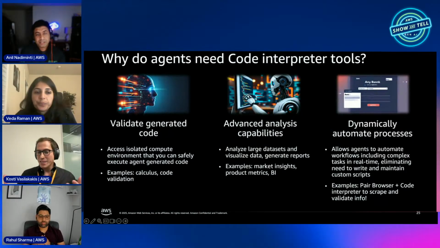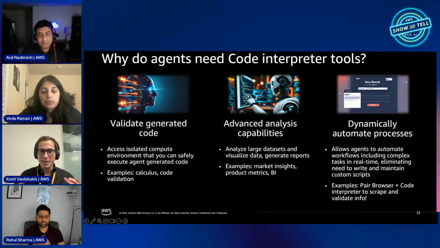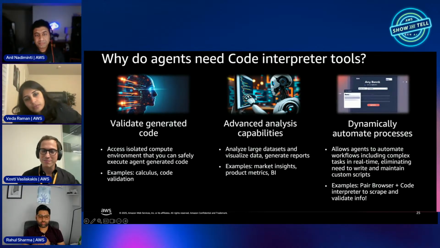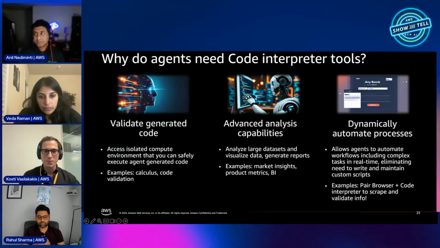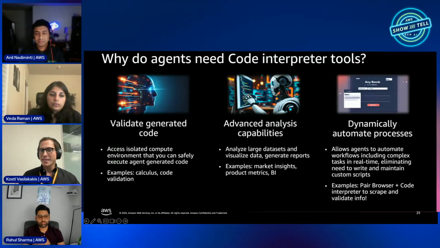Think of an agent, and one of the most popular use cases after, of course, the customer support agents, which was the first use case everybody was speaking about. Now agents generate all kinds of code. And once they generate that code, they need to validate somewhere that the code runs correctly.